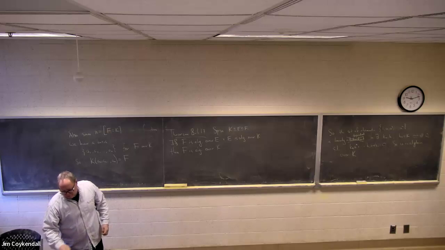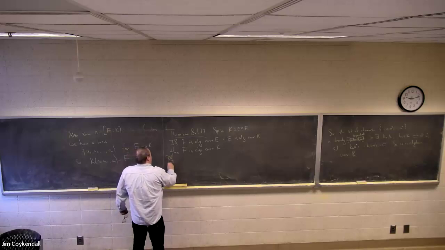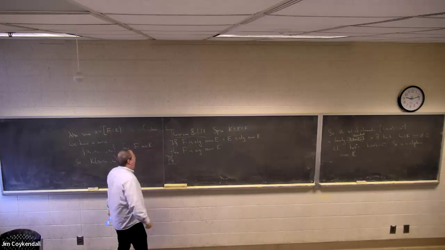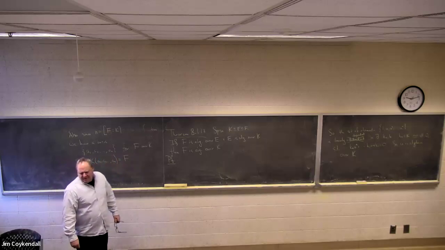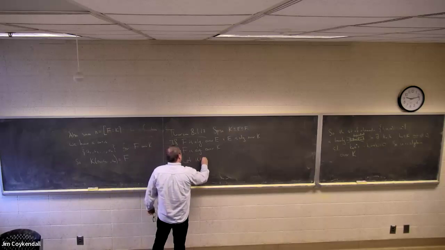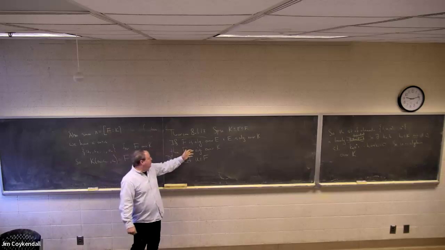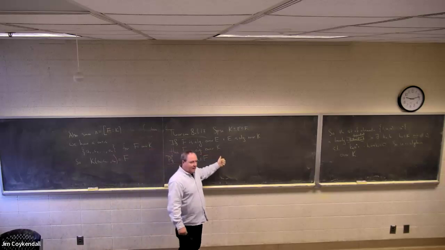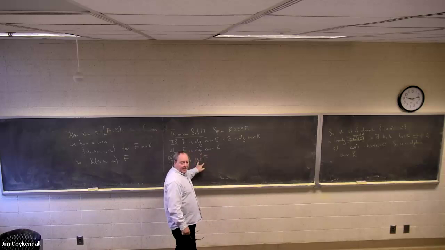So we're going to kind of bootstrap the previous ideas. Let's suppose we have U in F. To show that F is algebraic over K, really what I need to do is just pick an arbitrary element and show that it's algebraic.